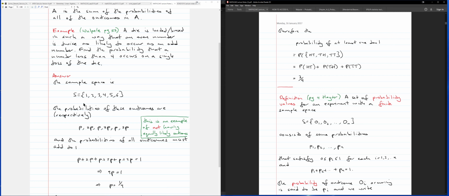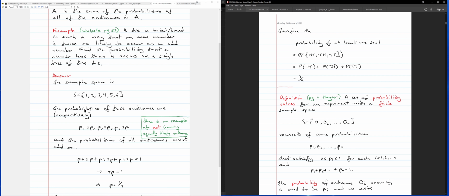Okay, so for the probabilities of each of the outcomes, we're going to say the probability of this one over here, we're going to call it P. And the probability of the even number 2 is, as you see over here, twice as likely to occur as an odd number. So the probability of the 2 is going to be 2P.